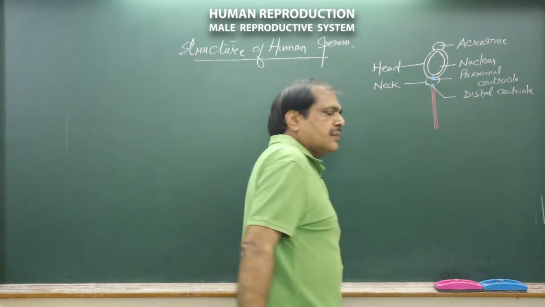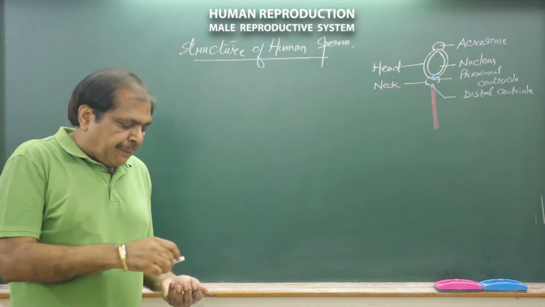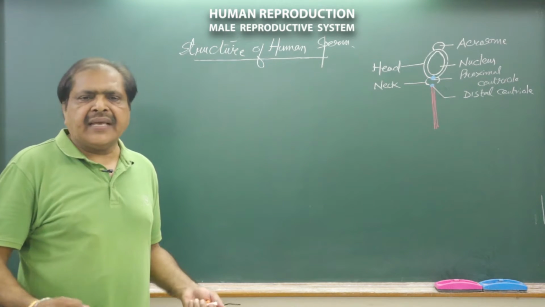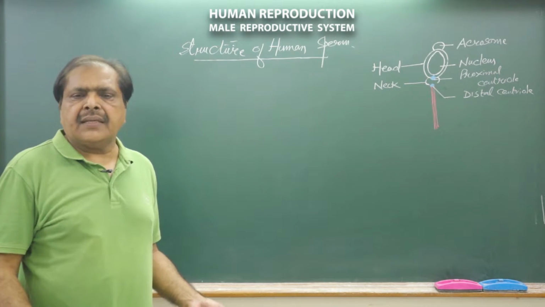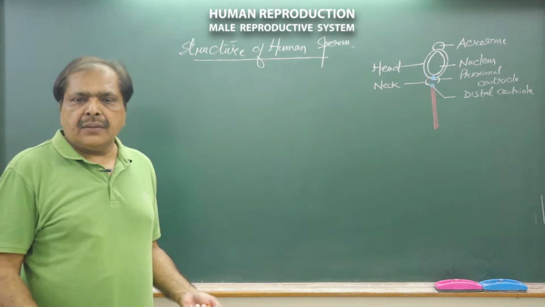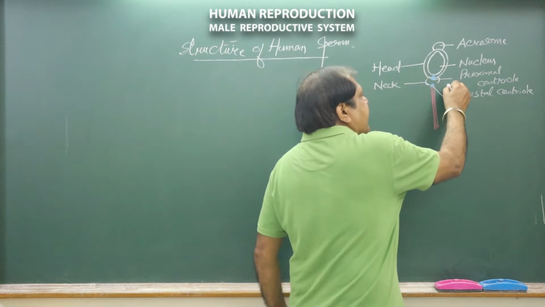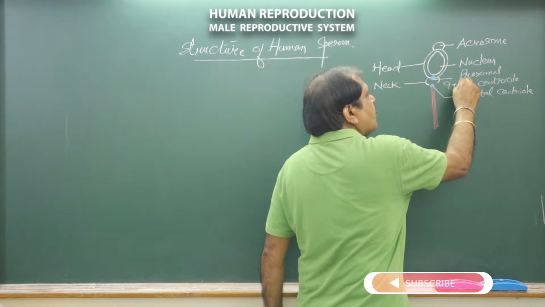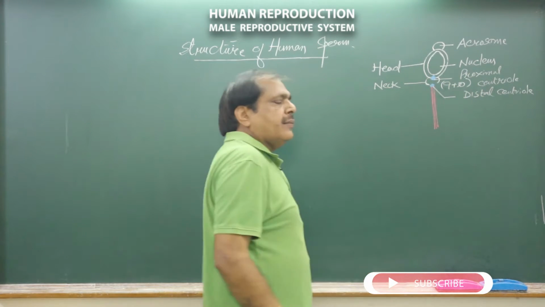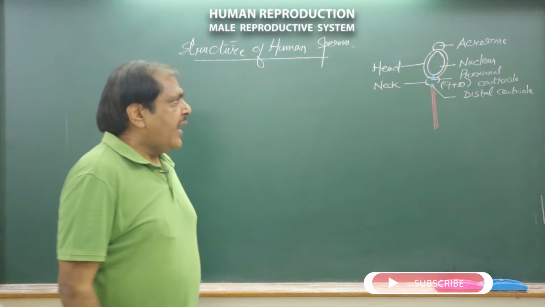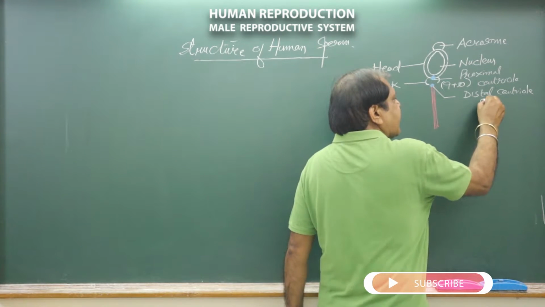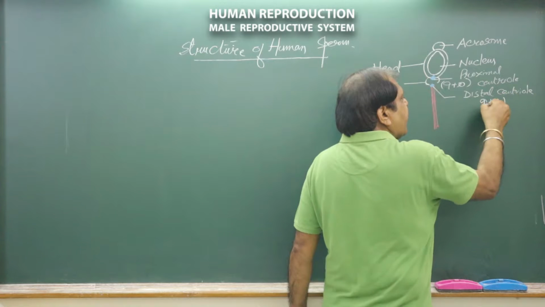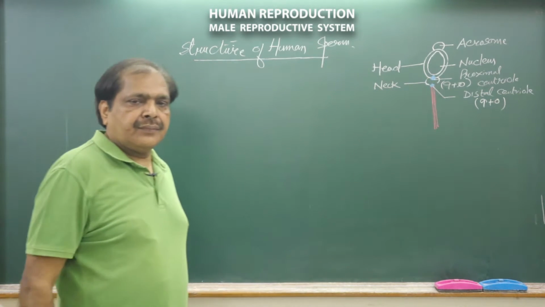The proximal centriole is a regular centriole. It has a 9 plus 0 pattern of the microtubules. And the distal centriole also has a 9 plus 0 pattern of the microtubules.